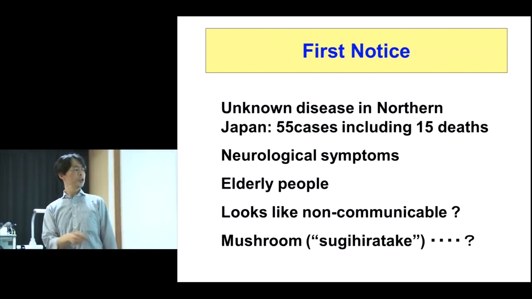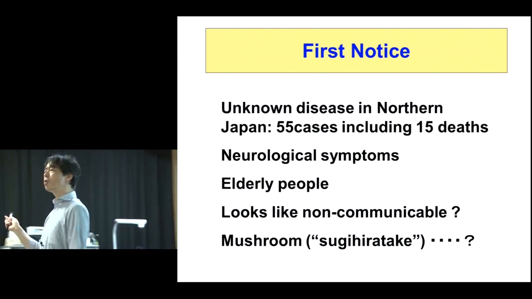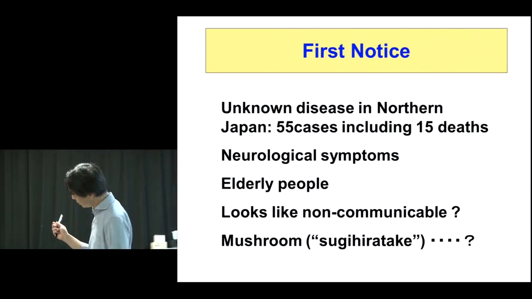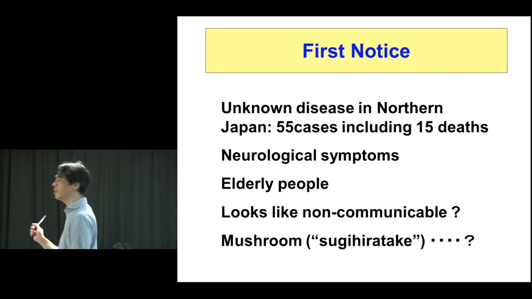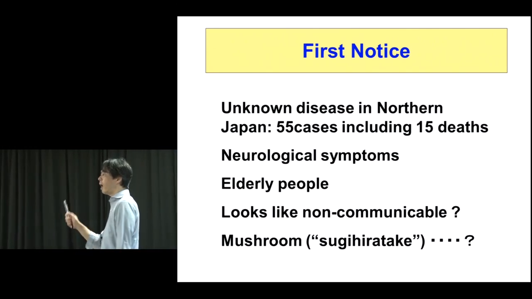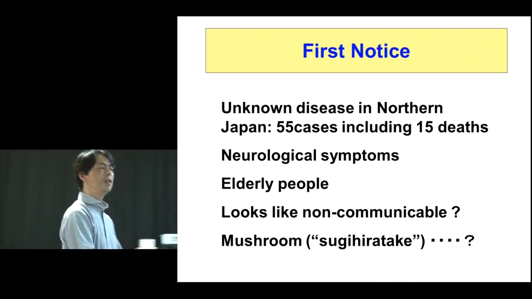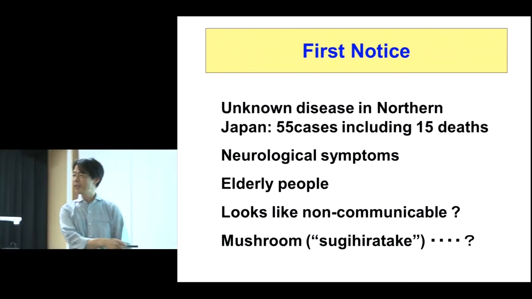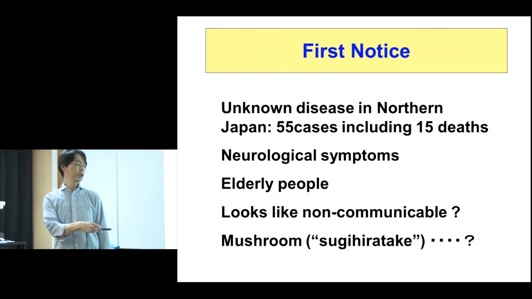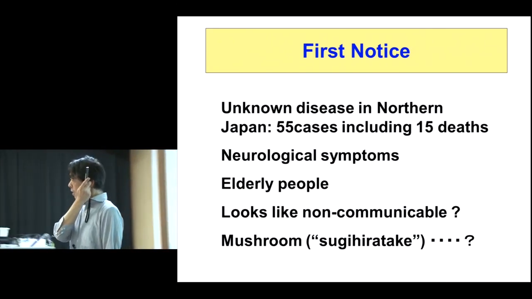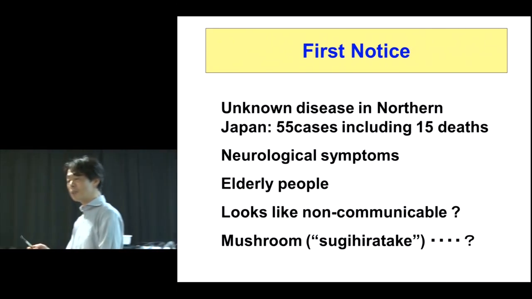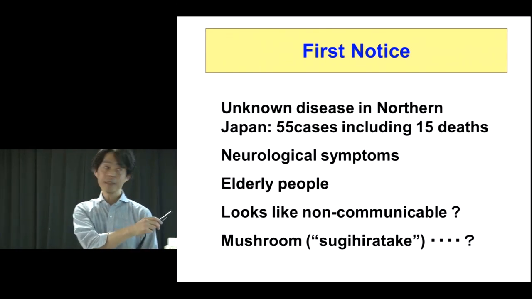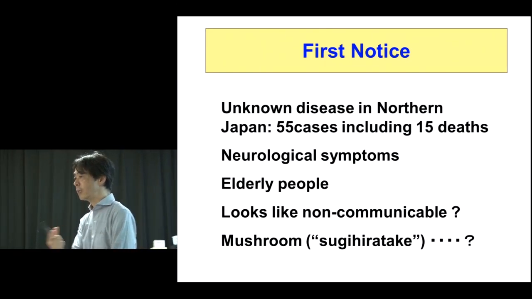However, it did not look like an infectious disease. No cough, no fever, according to the newspaper articles. And somebody said, or the newspaper said, there are rumors about a mushroom, Sujihiratake. Sujihiratake is some sort of mushroom. Maybe later I have some photos of the Sujihiratake mushroom.